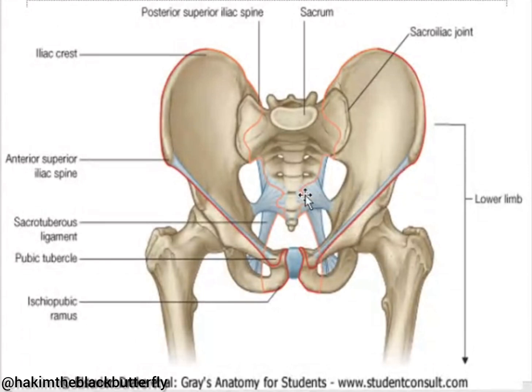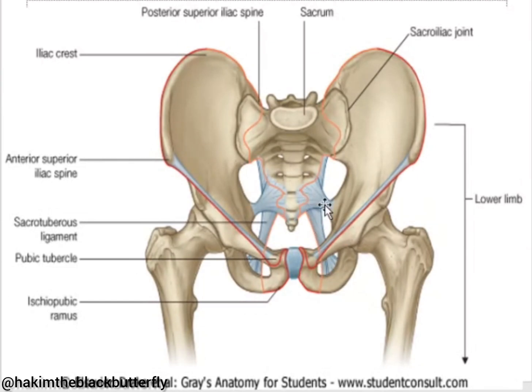Then there is a ligament between the sacrum and the ischial spine, and this ligament is known as the sacrospinous ligament. And then there's another ligament between the sacrum and the ischial tuberosity, and this ligament is what we call the sacrotuberous ligament.